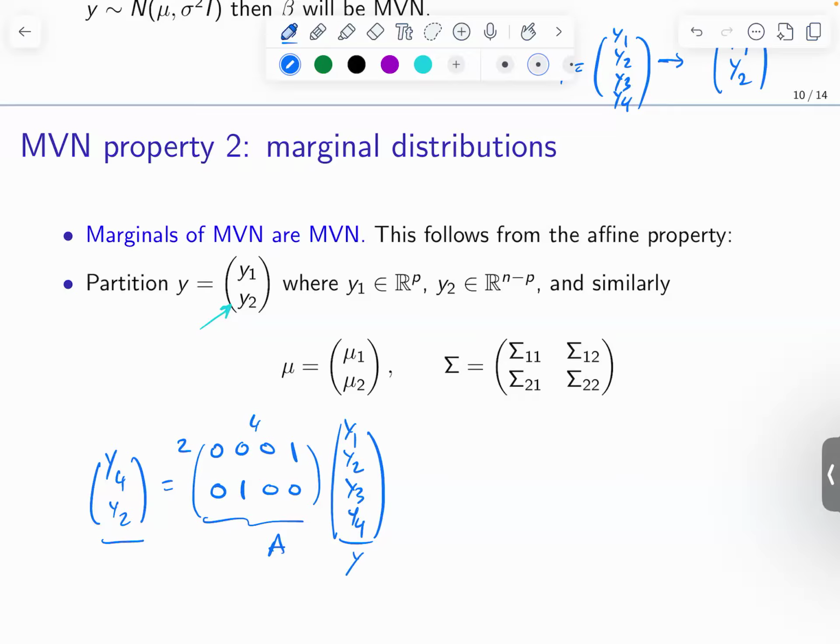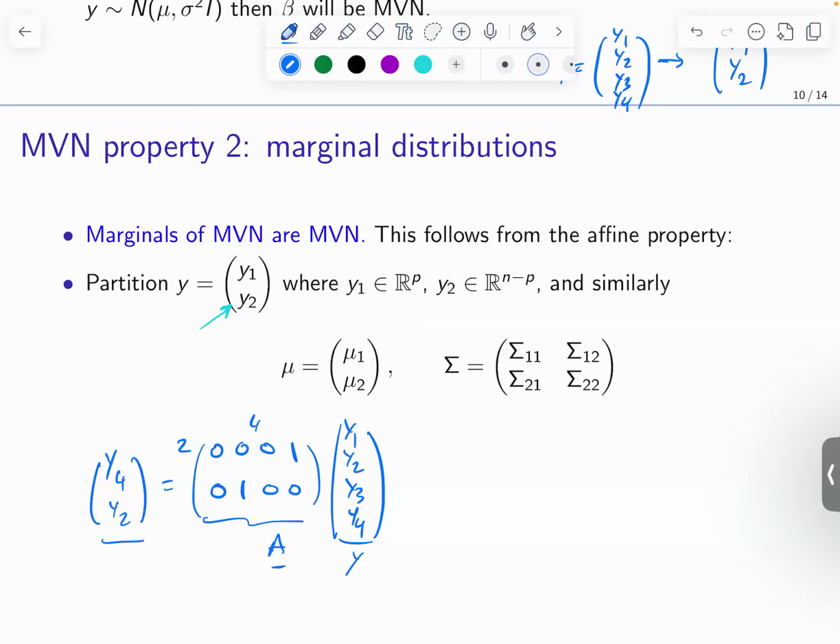In this case it's going to be easy because you can use that formula, but you can also just read it. The mean of this would be the mean of y4 and then the mean of y2 put together. And the covariance matrix is just the variances of these two and then the covariance, which happen to also be a submatrix of the original covariance matrix, which you would get if you do A times the covariance matrix of y times A transpose.